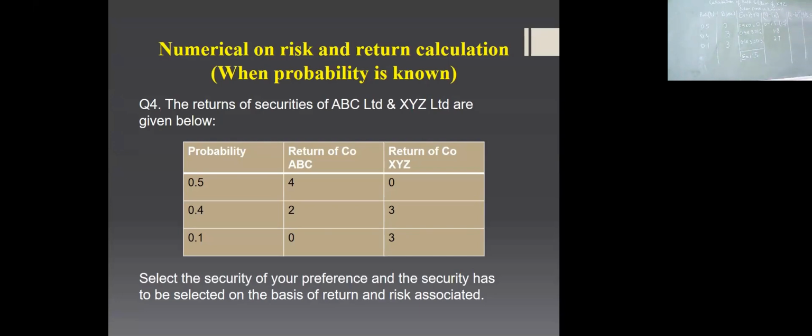I want the first one. Square of 1.5. 2.25. Second one, 1.8 square. 3.24. Okay. 2.7 square. 7.29. Okay.